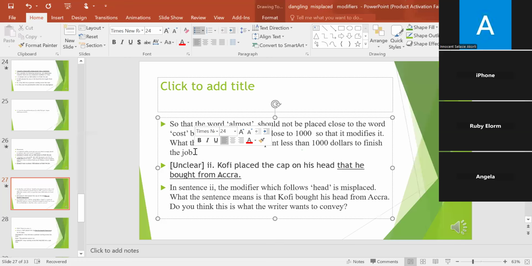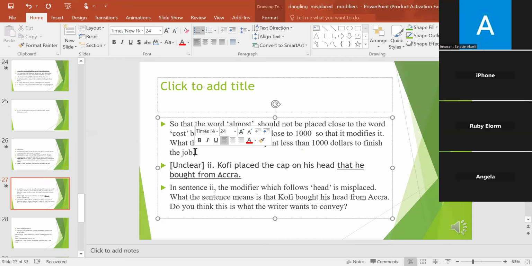Yes, we did. And then we said only Kofi gave his mother $1,000 is different from saying Kofi gave only $1,000 to his mother.